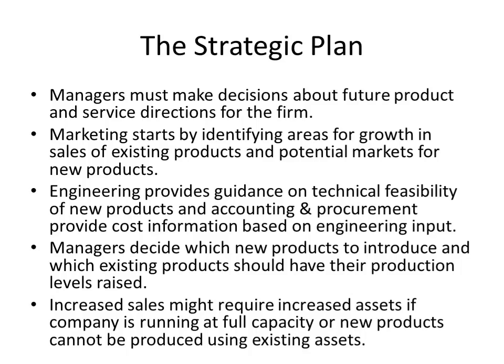Using all this input, then, managers decide which new products to introduce and which existing products should have their production levels raised. Also, they'll probably decide which products to cut from their offerings because some products at the end of their life cycle are no longer producing profit.